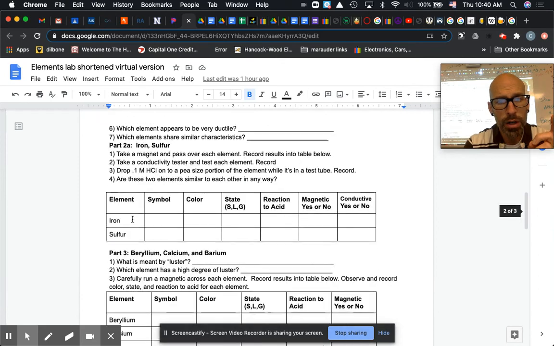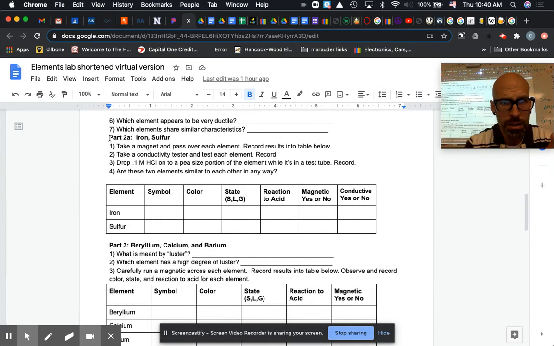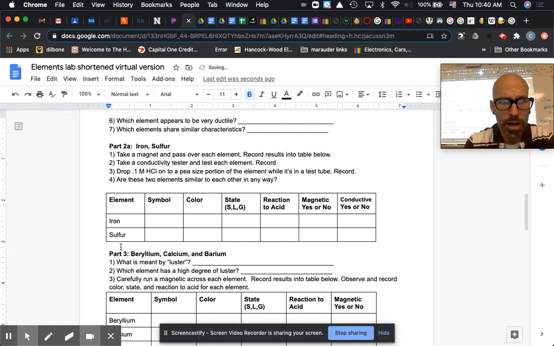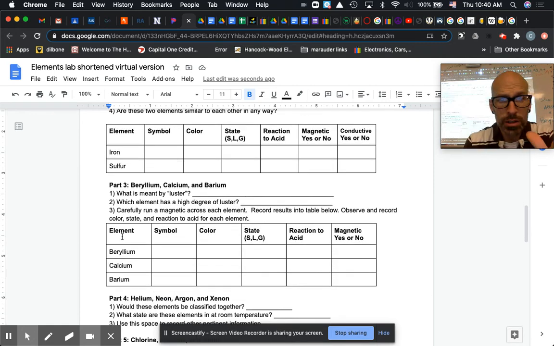And we had part 2A in class as well, iron and sulfur. So we had all these elements in class physically to do some testing with. The rest of it, parts 3 through 7, we do not have physically present in class. All of that has to be done virtually anyway.